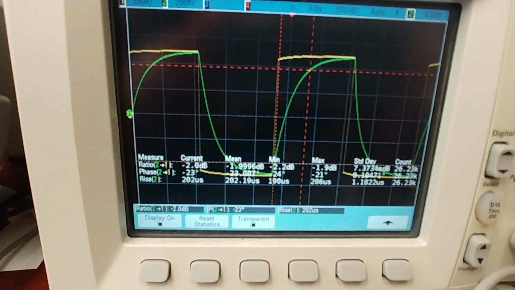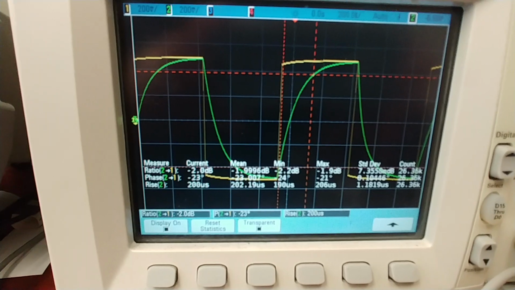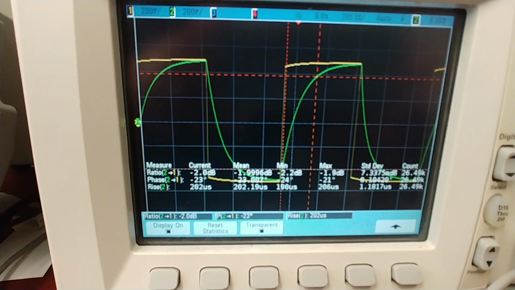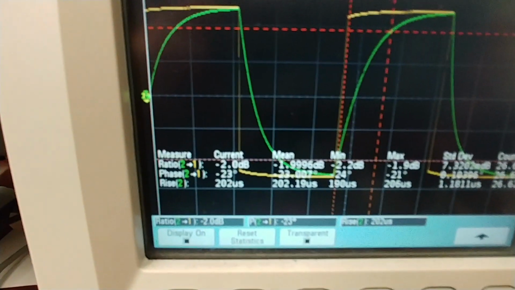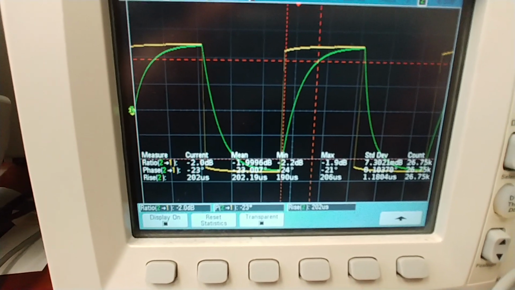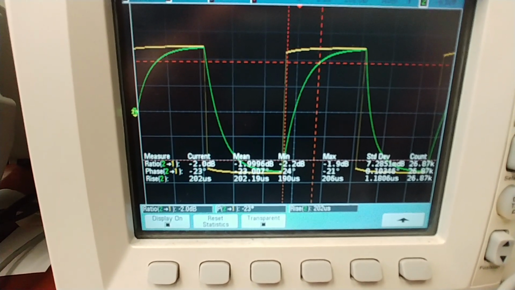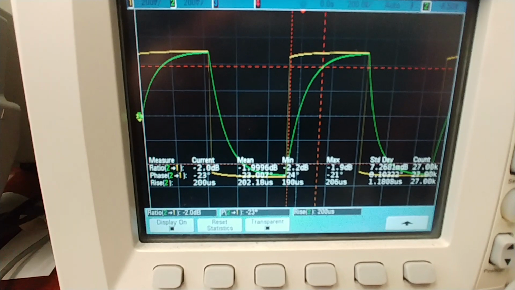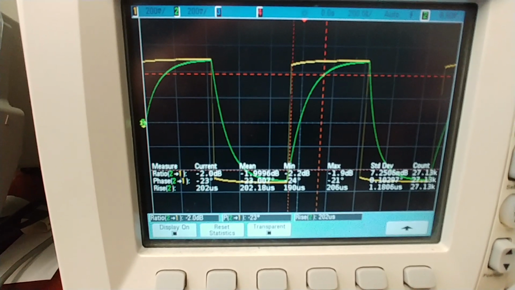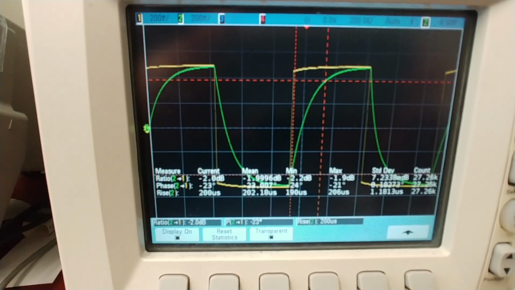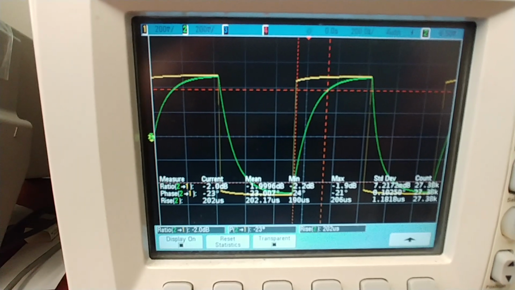Now I've got the oscilloscope in the acquire mode on average, and I think I've got it set to about 4 or 8, and I'm measuring a few things. First thing I'm measuring is at the bottom, and it's the rise time, and that's how long it takes to go from 10% to 90% of the final value.